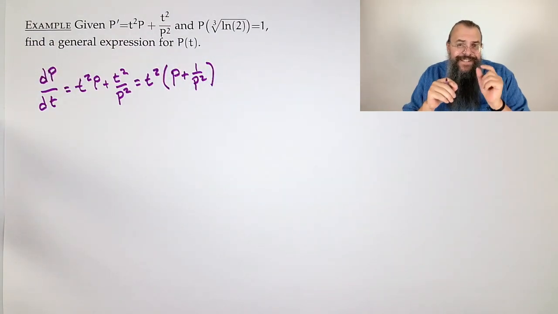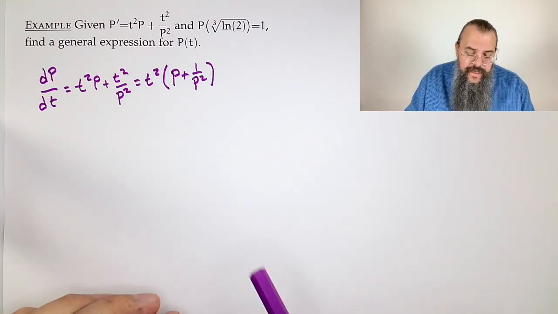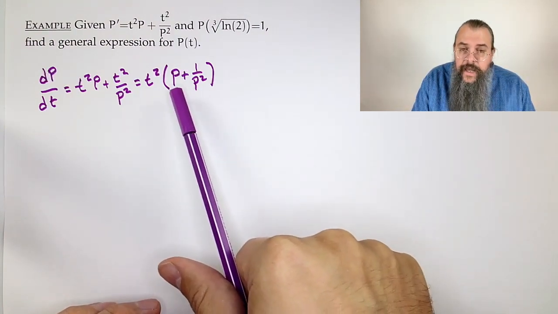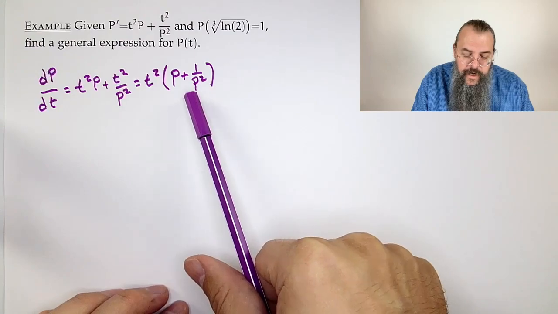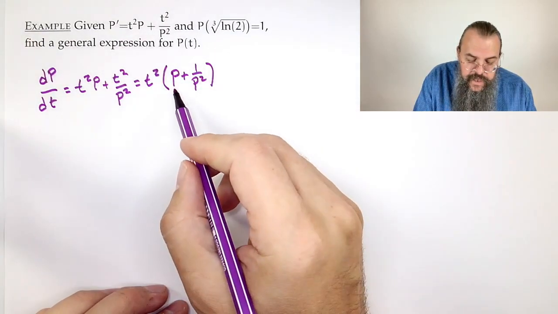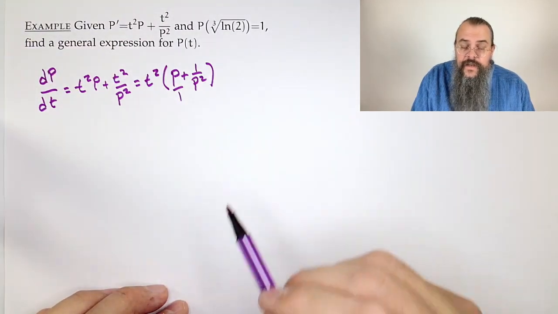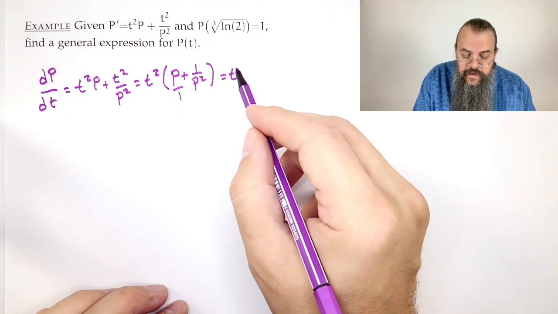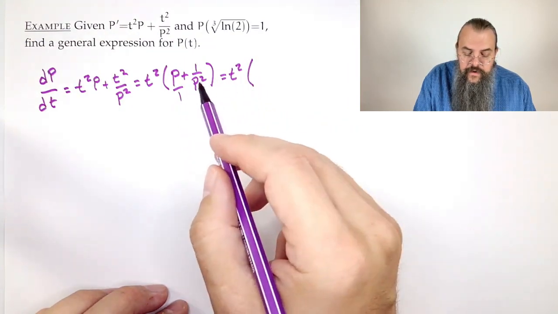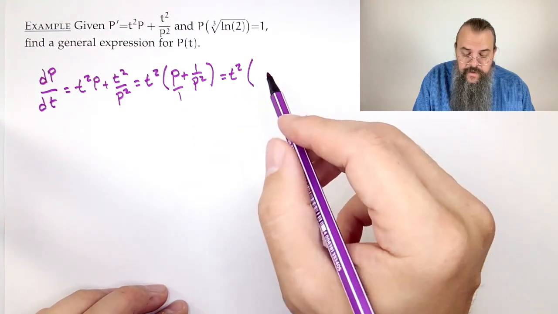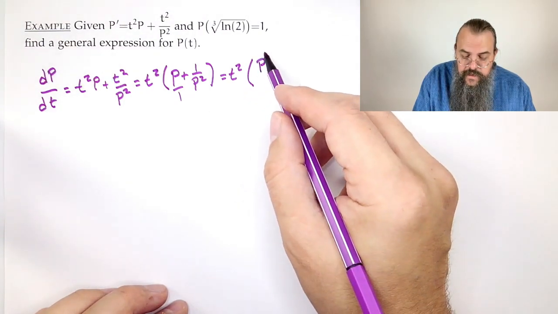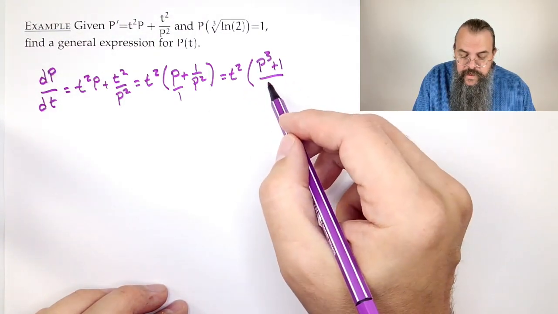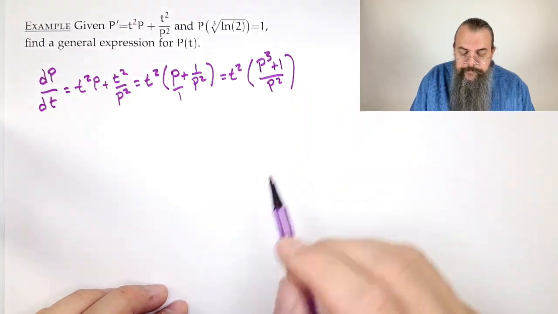Okay, but let's go just a little bit further and say, well, look, we can add these together. Common denominator would be p squared, because this p is really the same as p over 1. So this would become t squared, and I'd have to multiply the first term by p squared over p squared, giving us p cubed plus 1 divided by p squared.